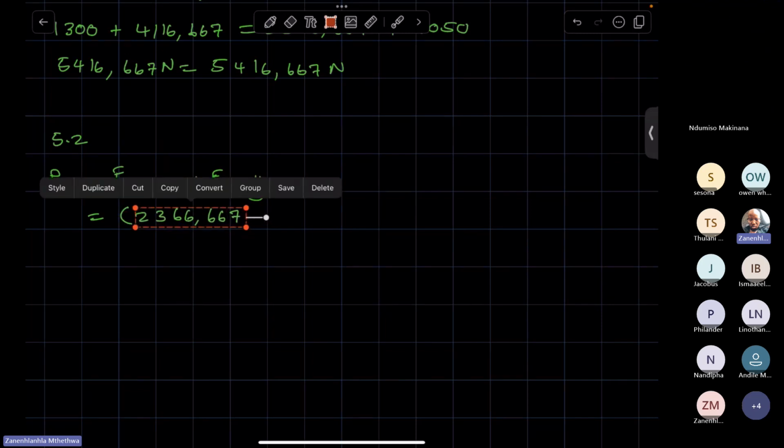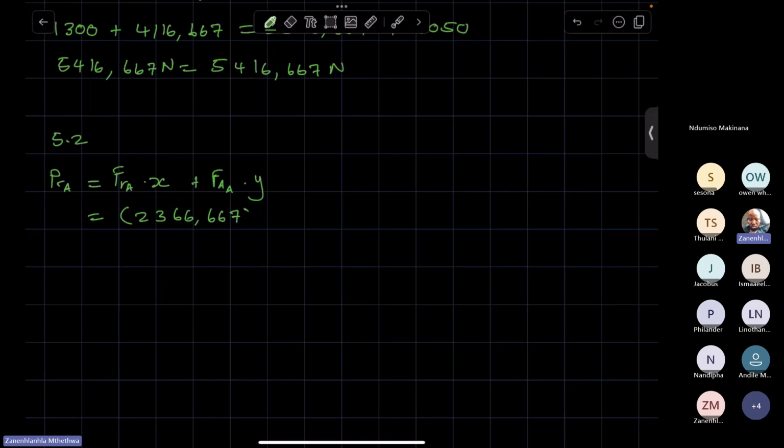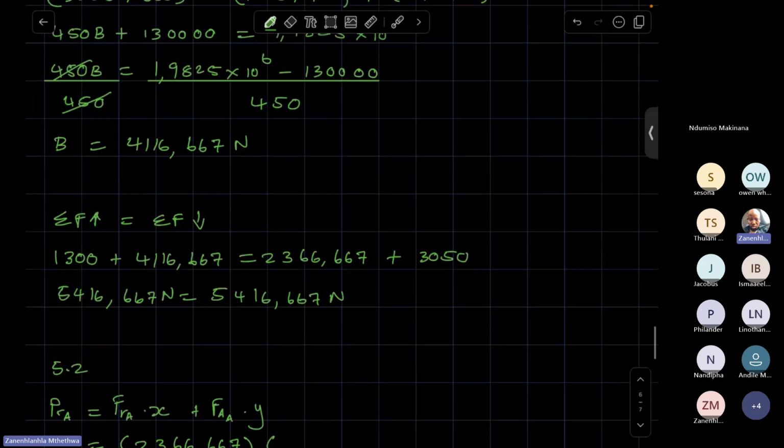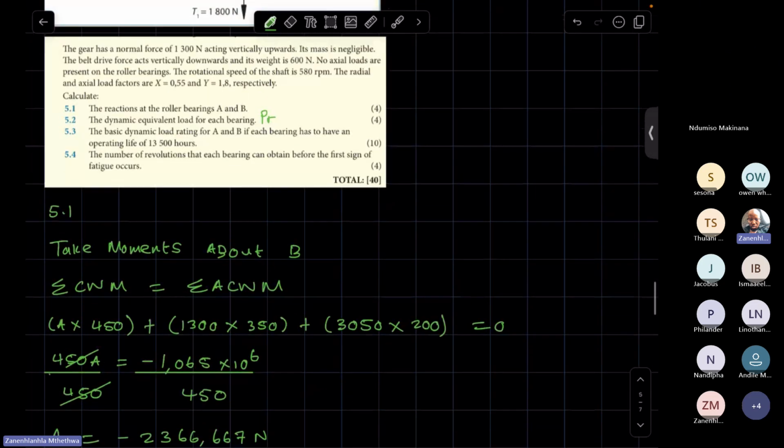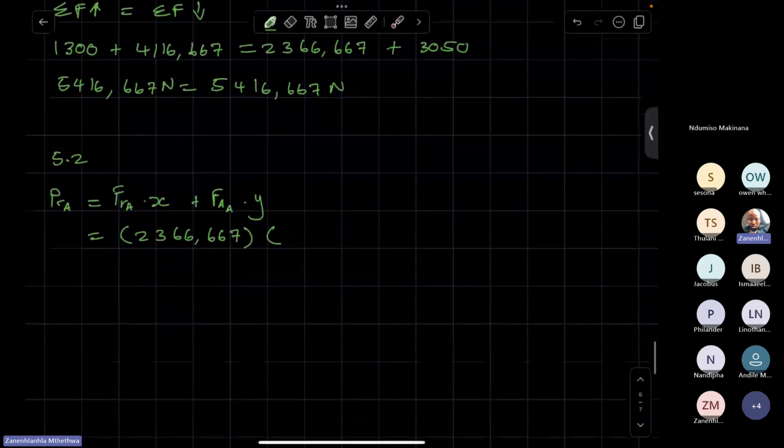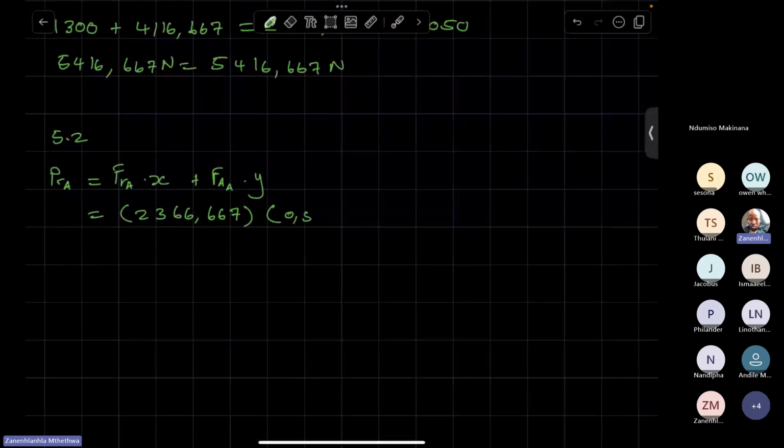So that was the reaction at support A times X. They gave us the value of X, the radial load factor, which is 0.55. Now, as you know, there are no axial loads, so we leave the axial loads out.